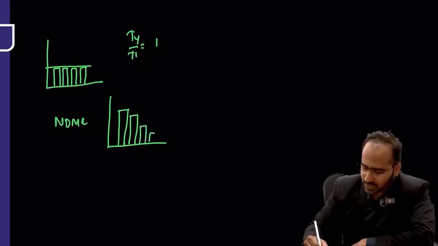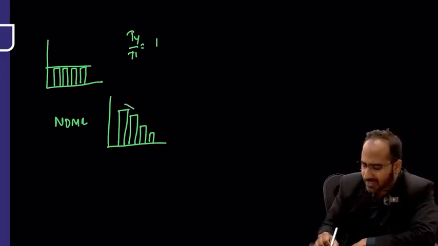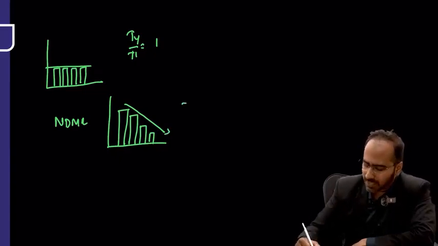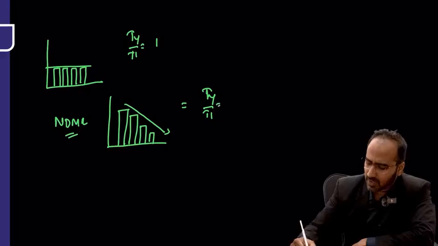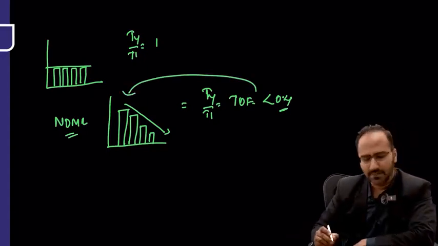The fourth twitch height will come like this. So, what do you see, guys? You are seeing a fading effect. So the train of 4 ratio, T4 to T1, will be less than 0.4 in cases of non-depolarizing. That is the train of 4 ratio, guys.